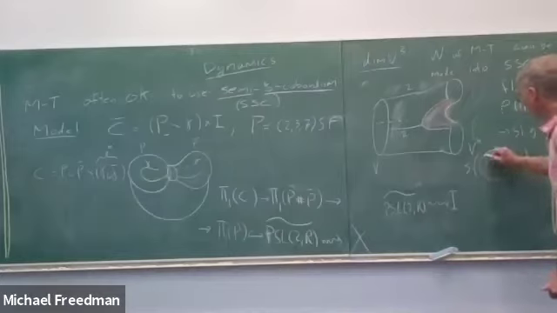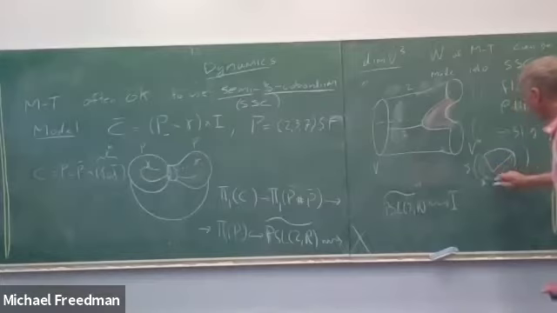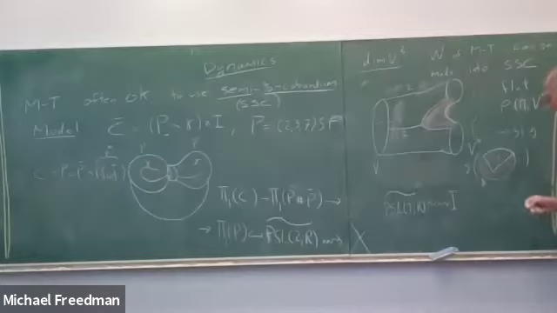By embedding this action in the circle, it's the identity on the complementary arc. So when I take the suspension, there's a sector in which something interesting is happening, and then there's another big sector on the two-sphere in which the action is just the identity.